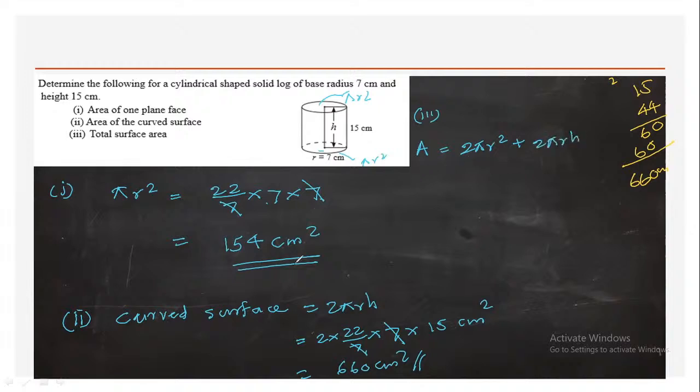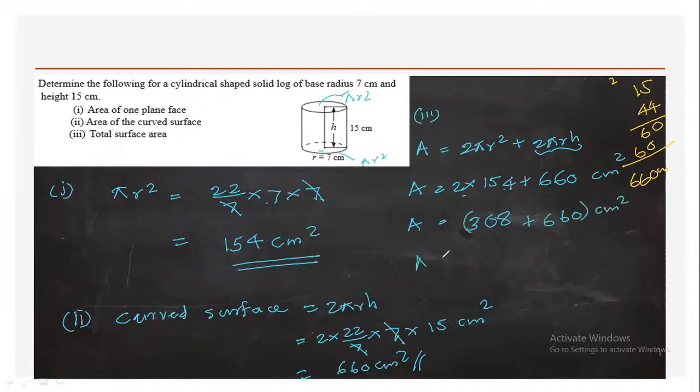So no need really, we already found here 1 pi r squared, right? Area equals 2 into 154 plus 2 pi r h, we got the value 660. Now add this to 2 into 154. 2 times 4, 8, 2 times 5, 10, 1 remain, 2 times 1, 2 and 1, 3 plus 660 square centimeter.